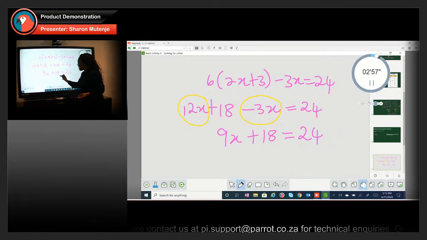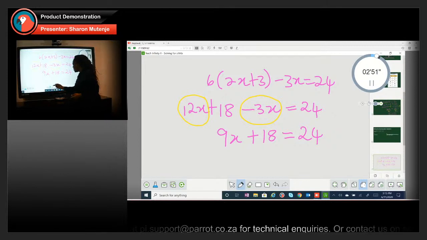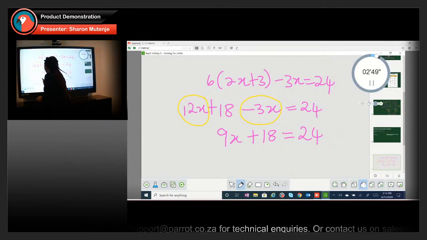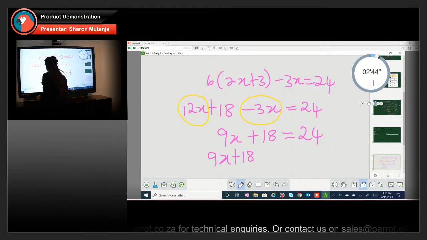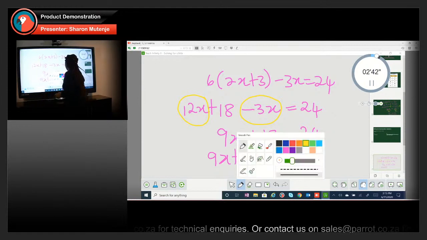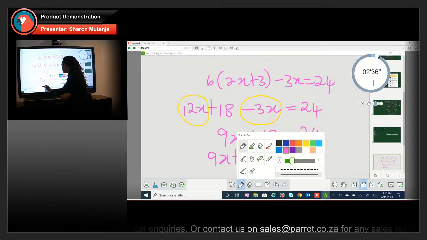Here we have plus 18. So for us to remove plus 18, we are going to subtract 18. So let's quickly write that such that now it's 9x plus 18. Inverse operation minus 18. Let's quickly do that.